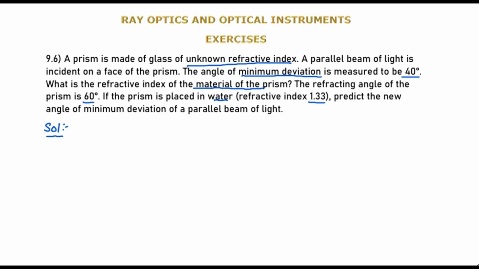Then when it is placed in water, we need to find out the minimum angle of deviation. According to the given data, the angle of the prism is 60 degrees and the angle of deviation is equal to 40 degrees. It is in air when the prism is placed.